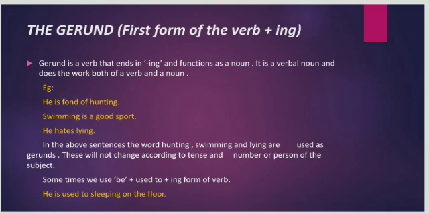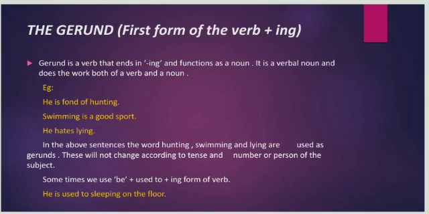Okay. So for example, swimming is a good exercise or swimming is a good sport. So in this sentence, swimming is a verb. Swim is a verb, okay, but we are using it here as a noun. We have given a name to an activity in which swimming is involved.